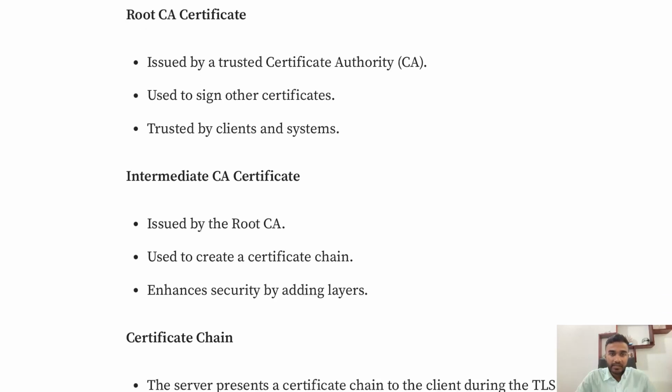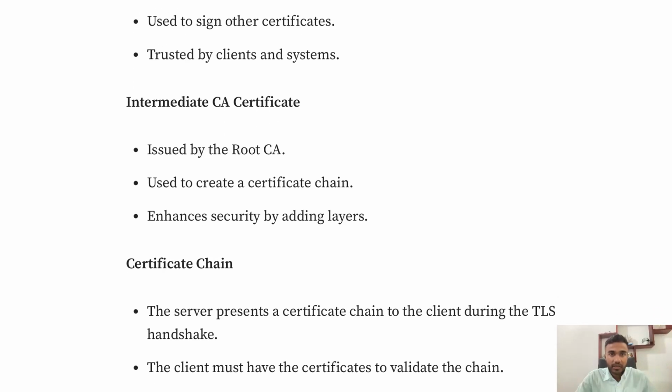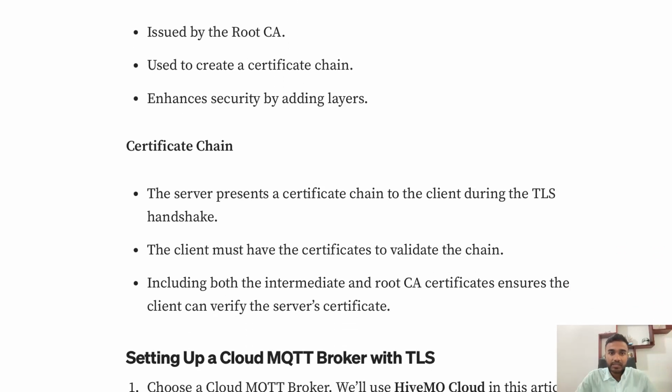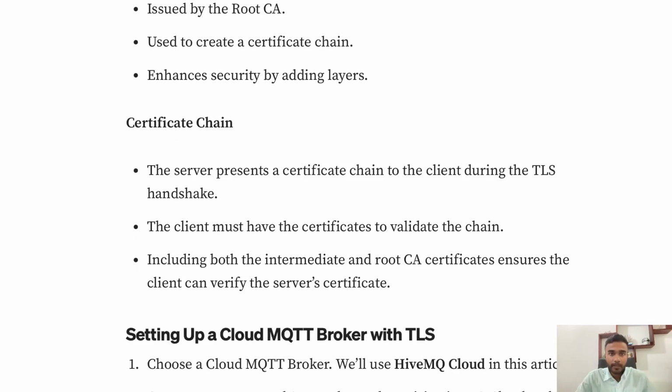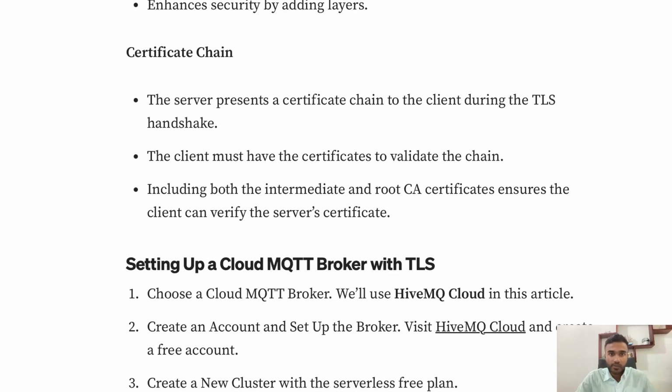The intermediate CA certificate is issued by the root CA, and it further enhances the security by adding layers. The certificate chain is like this: we send the certificate and do the TLS handshake, and only after that is the connection established and data transferred. That is how the chain goes.